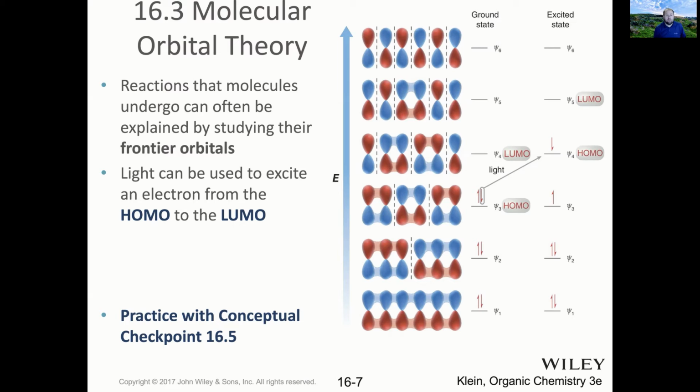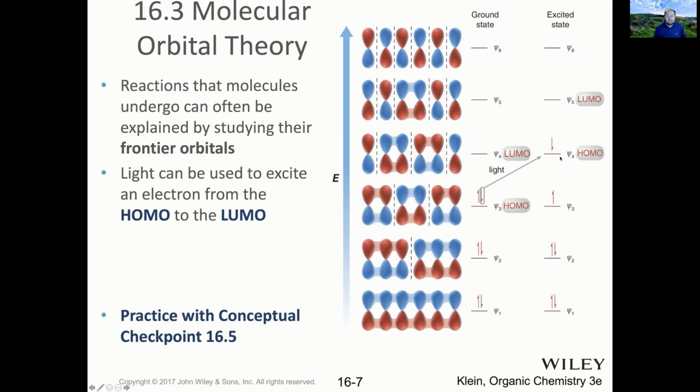LUMO. And so what we observe is when you excite the electrons in the ground state to the nearest excited state, you're taking the electrons from the ground state's highest occupied molecular orbital, and you're plopping it into what was originally the lowest unoccupied molecular orbital.